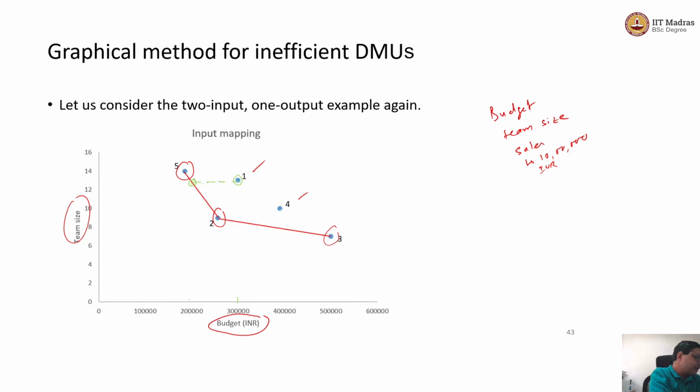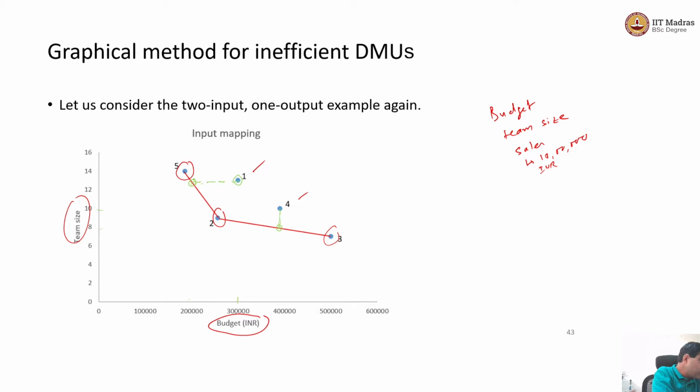Similarly, for DMU 4, I can say that, well, draw a vertical line. I don't exactly remember, but DMU 4 has a marketing and sales team of about 10 people. You bring it down to 8 people and then you will hit that efficiency frontier. I'm not being exact here, probably I have to find out.